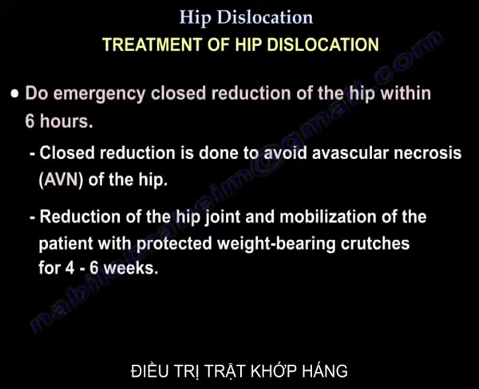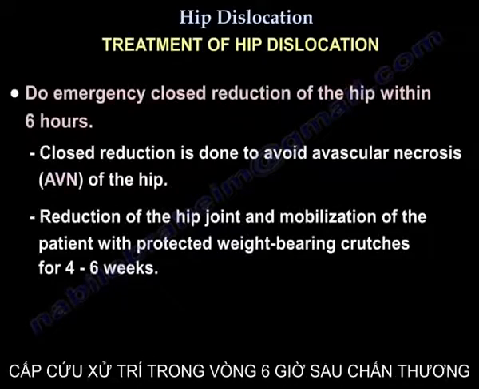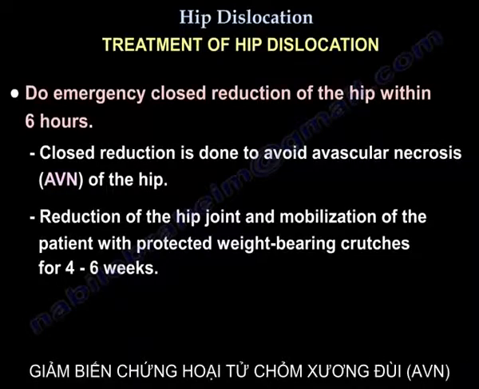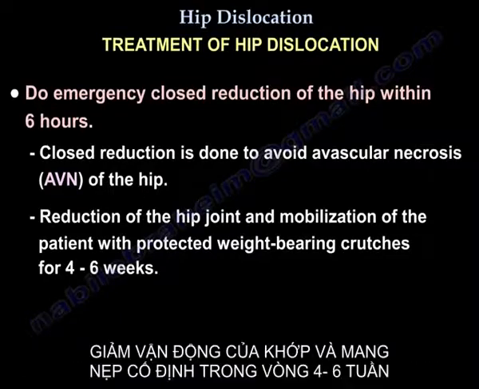Treatment of hip dislocation. You will do emergency closed reduction of the hip within 6 hours. Closed reduction is done to avoid avascular necrosis of the hip. Reduction of the hip joint and mobilization of the patient with protected weight-bearing crutches for 4 to 6 weeks.